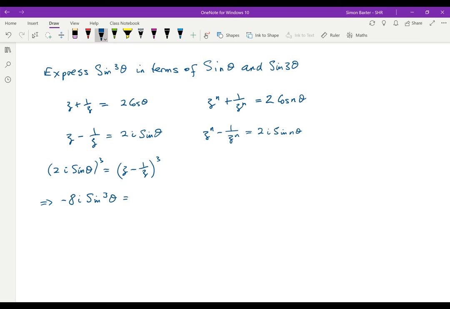The other side, Pascal's triangle, 1, 3, 3, 1, z cubed plus 3 z squared minus 1 over z plus 3z minus 1 over z squared plus minus 1 over z cubed. The odd power with sine will always have an I here. No problem, just carry on, follow your nose, and everything drops out. We've got z cubed minus 1 over z cubed.